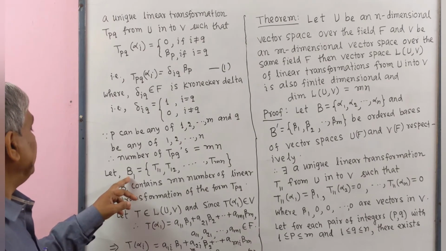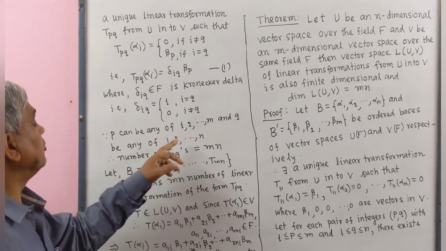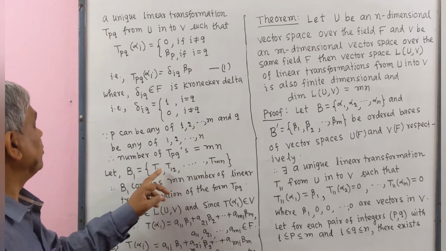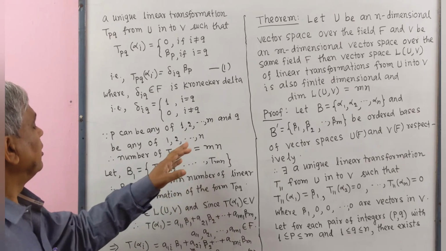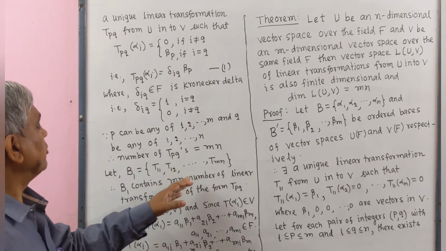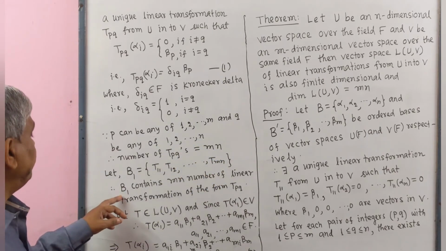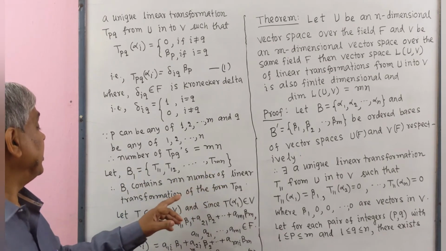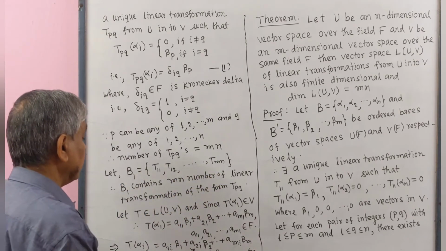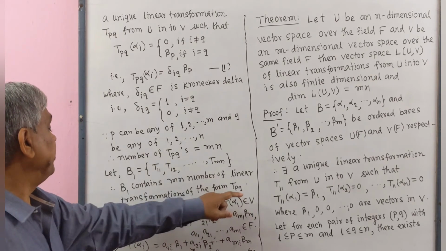Let B1 be a set containing all Tpq, meaning T11, T12, T21, dot dot dot Tmn. Therefore, B1 contains mn number of linear transformations of the form Tpq.